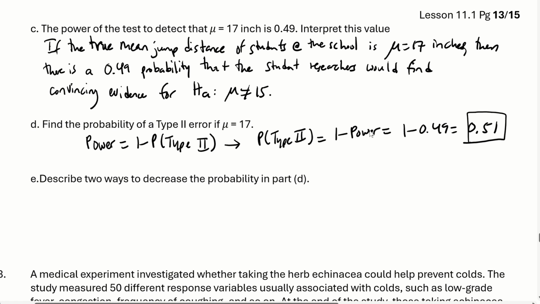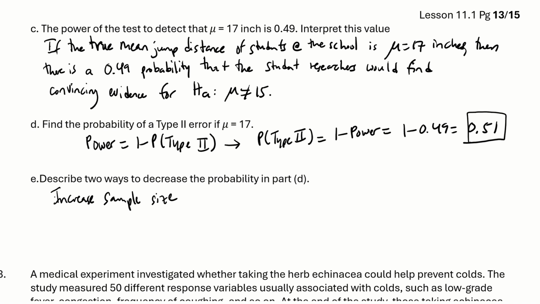If I increase the power, that's going to decrease the type 2 error. So how do I increase the power? Well, you can increase the sample size. Increasing the sample size increases the power.